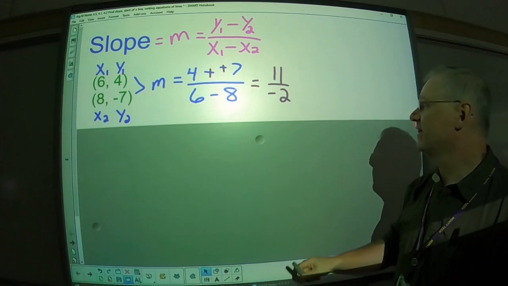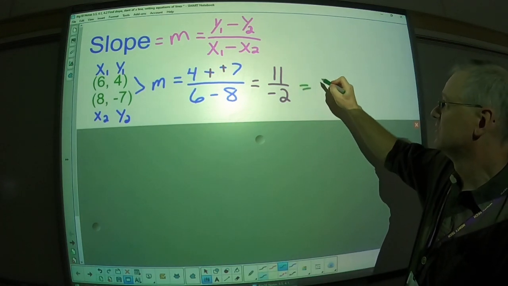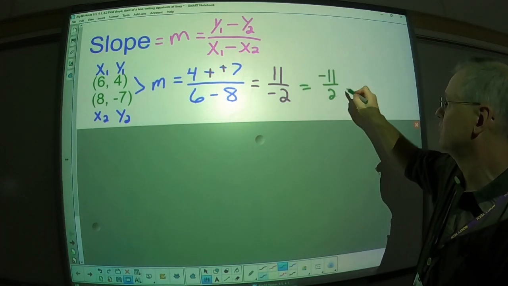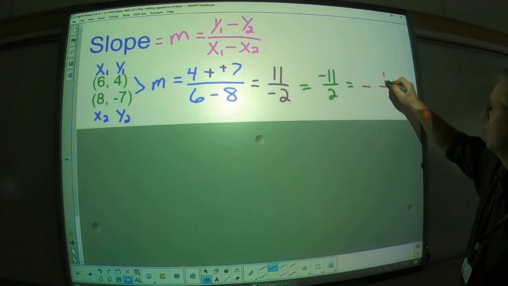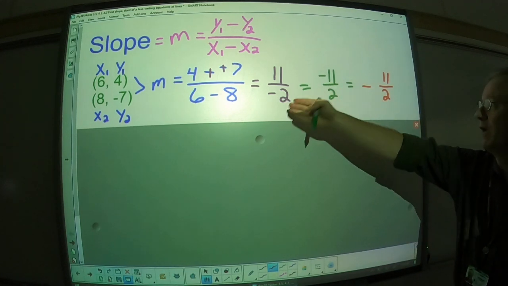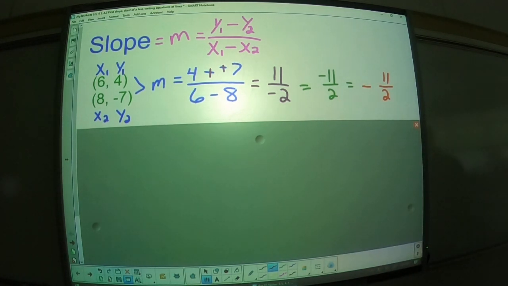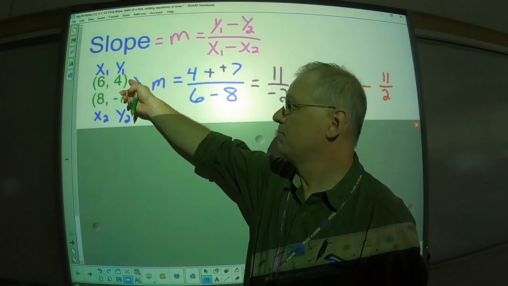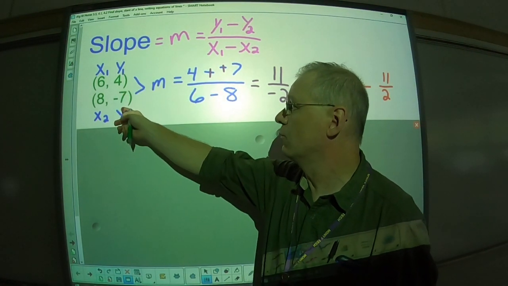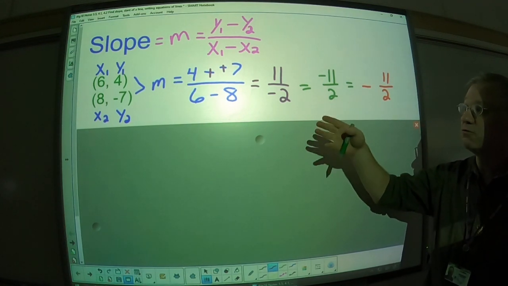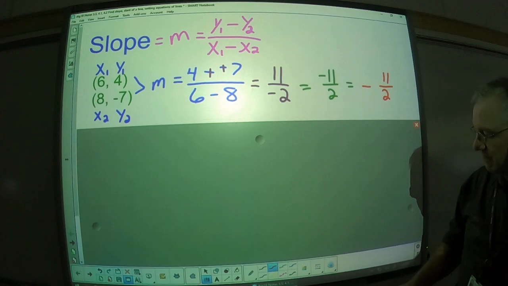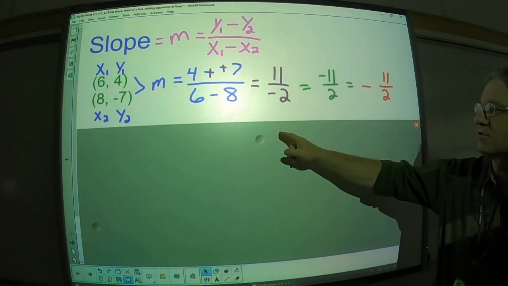Now we know that this is equivalent to negative 11 over 2, which is also equivalent to negative 11 halves. Any one of these three are acceptable. And if I had chosen to do it having this point be point 2 and this point 1, we'd have gotten this version of it. That's the only real difference. So it doesn't matter which way you start.